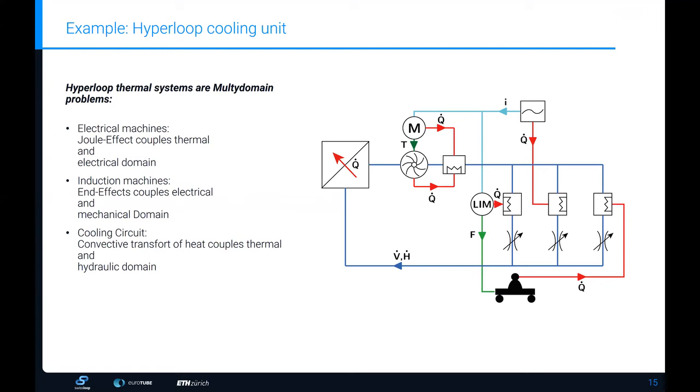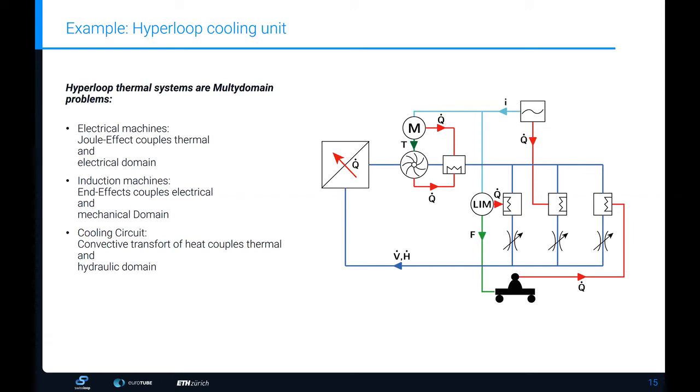So what I'm doing in Hyperloop is a system model of a cooling system for different components that should be cooled inside the system. And why do I use such dynamic systems? Because Hyperloop thermal systems are always multi-domain problems. Why? You see the 3 points. You always have electrical components that suffer from the Joule effect.